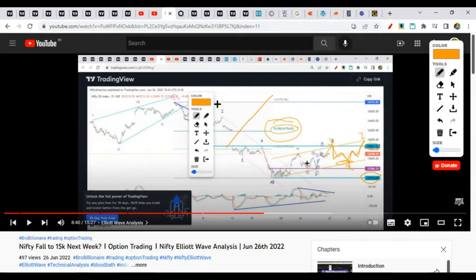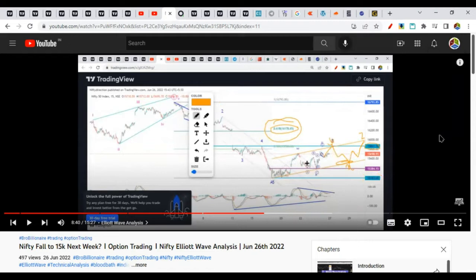That didn't work out, because the entire week we were in a consolidation, moving in zigzag patterns. Our view was that we would go towards the 15,861 resistance, and from there we should drop.